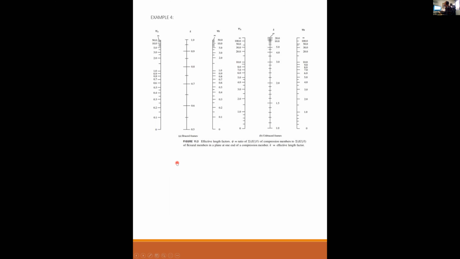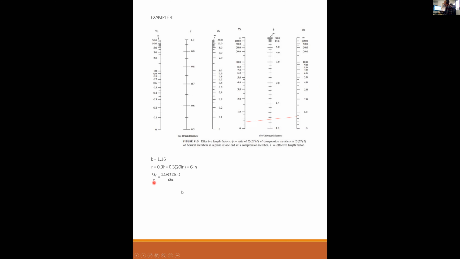Now I can go into my alignment chart, but now I'm going to use the unbraced frames chart. I put in psi A, I put in psi B, and I read off the chart and get 1.16. Now that I have K, I have to figure out my KL over r ratio. r is 0.3 times 20, or 6 inches, as before.